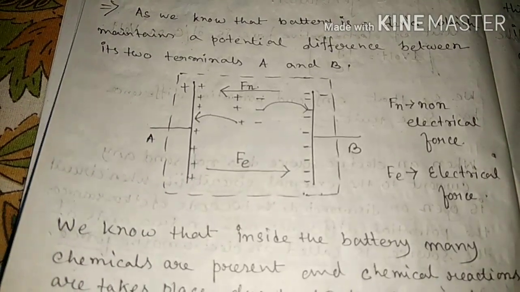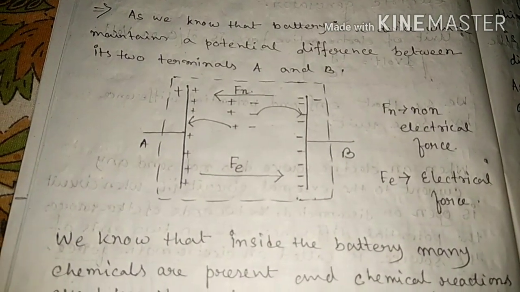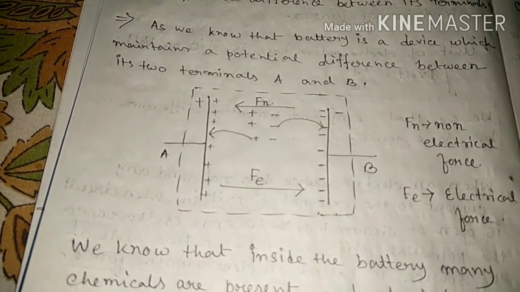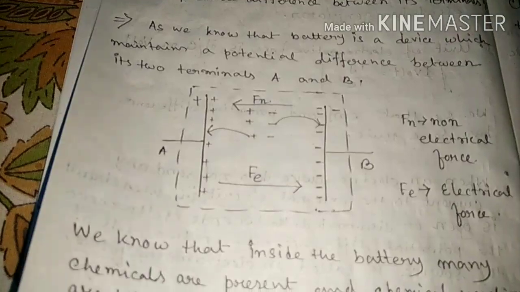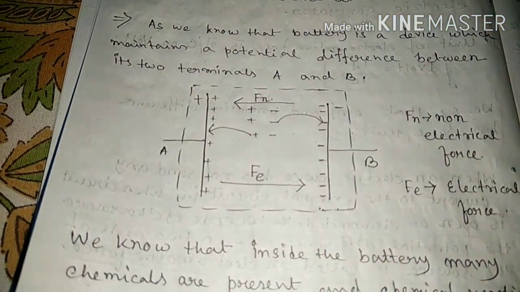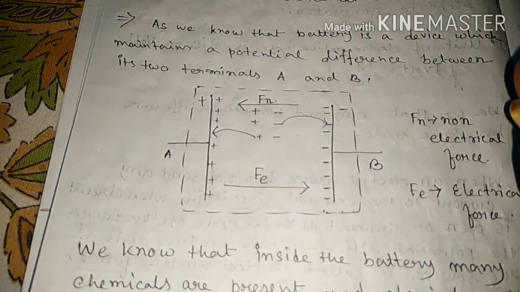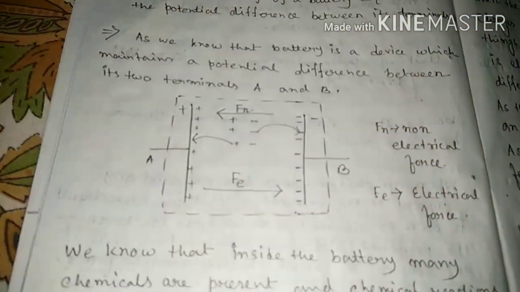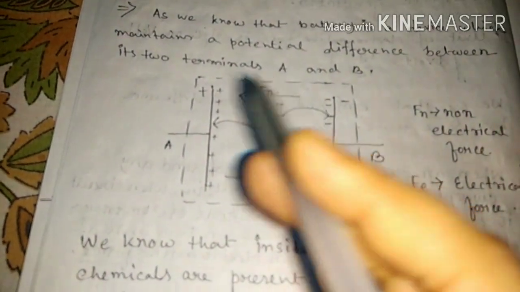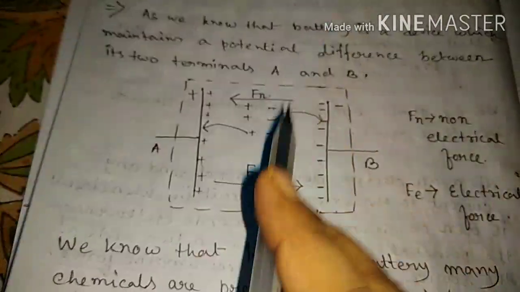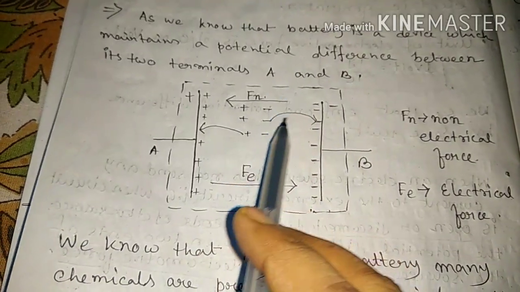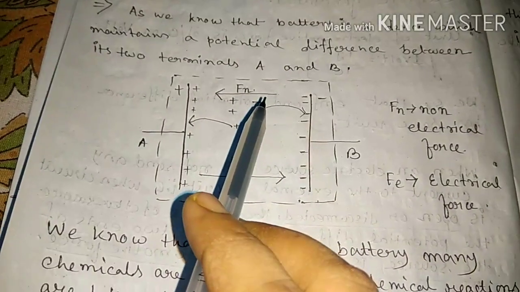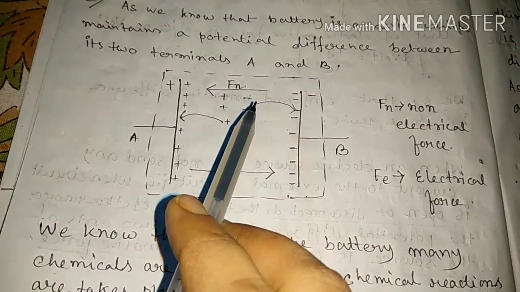Due to that reaction, one force is generated, and due to that force, all the positive and all the negative ions generated are accumulated on either side. Whatever force is generated due to that chemical reaction is called a non-electrical force, because due to that force we cannot get any electric current.